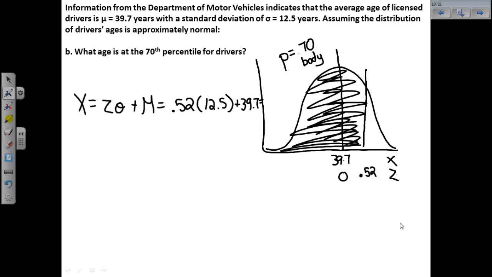So we already found that 0.52 times 12.5 gives you 6.5, only last time it was negative 6.5, plus 39.7, and you end up with an age of 46.2. And this makes sense because we had a positive z-score, we're looking to the right of the mean, and our x value is greater than our mean.